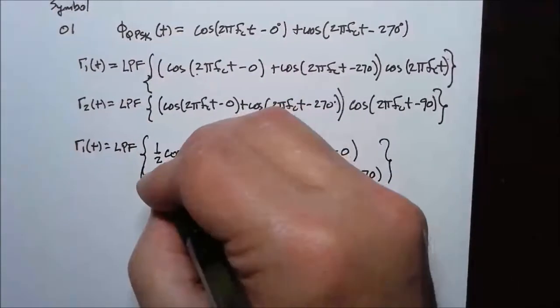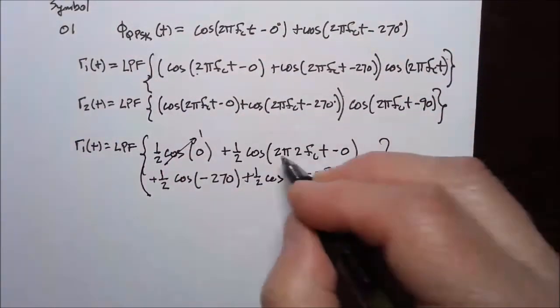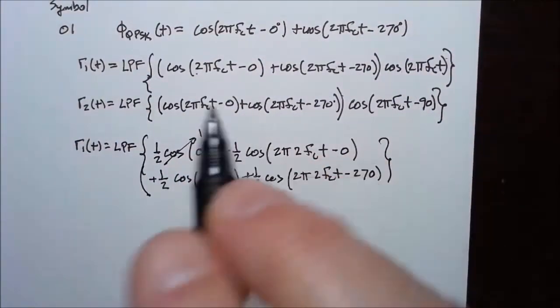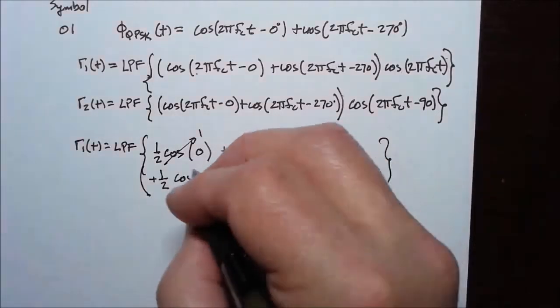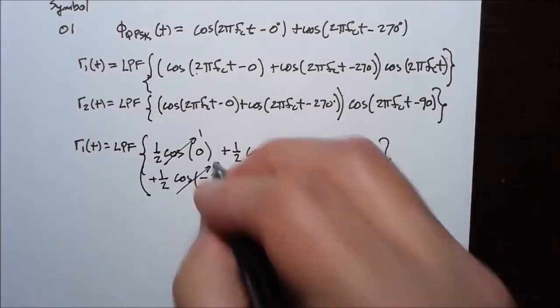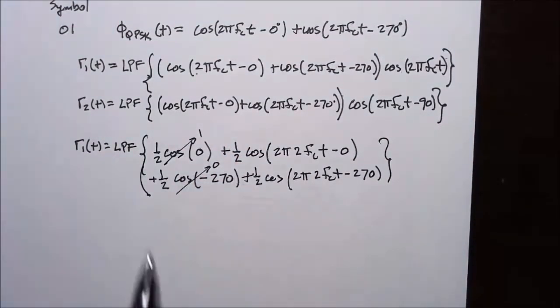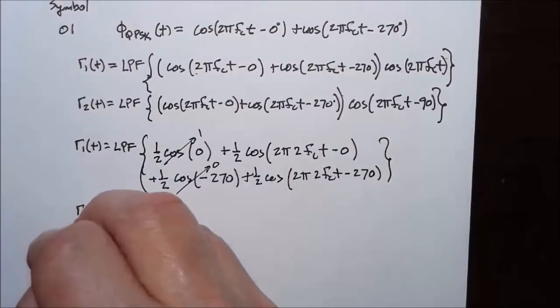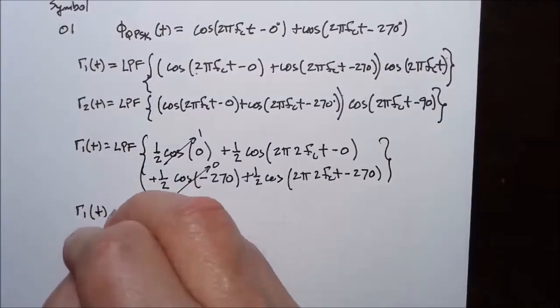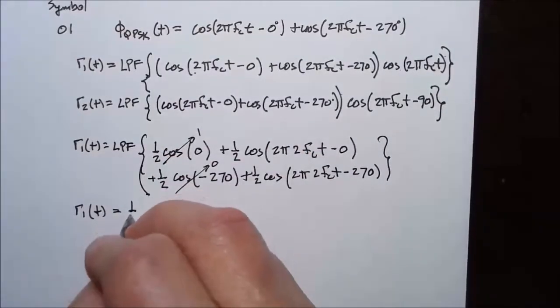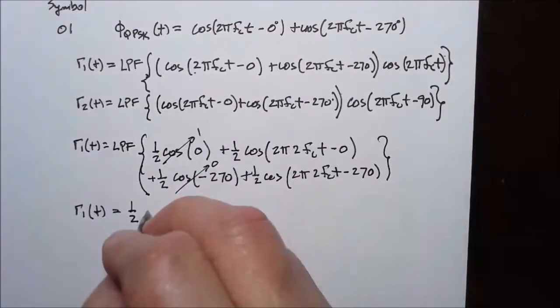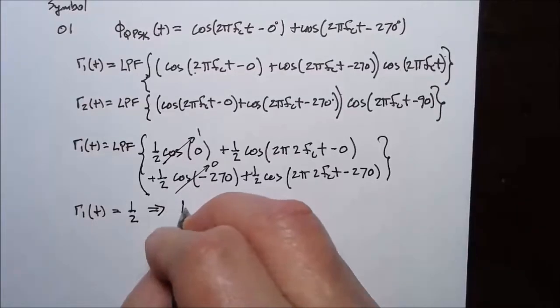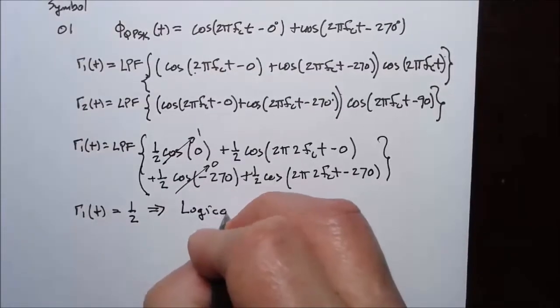Cosine 0 is 1. Cosine minus 270 is 0. Low pass filter filters out these high frequency terms, and we get R1 of t is equal to 1/2. 1 times 1/2. This maps to a logical 1.